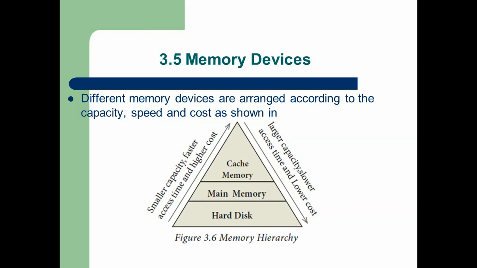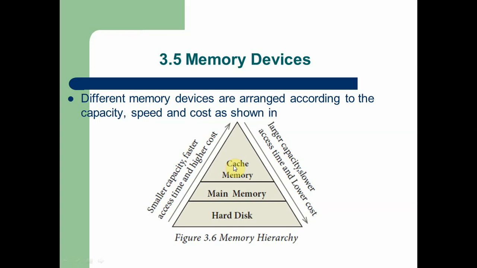Depending upon the capacity, faster access time and higher cost, you can see the arrangement from lower to up direction. So cache memory is one of the fastest and costliest memories, but with low capacity.